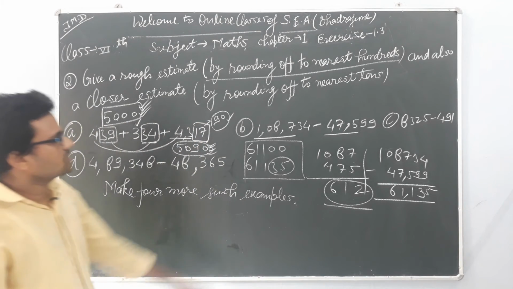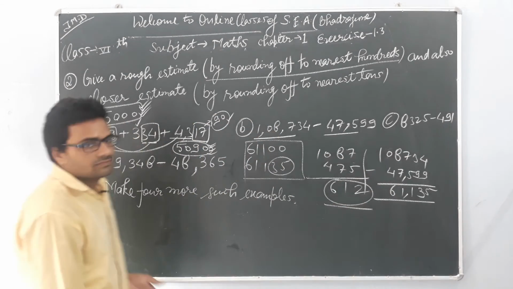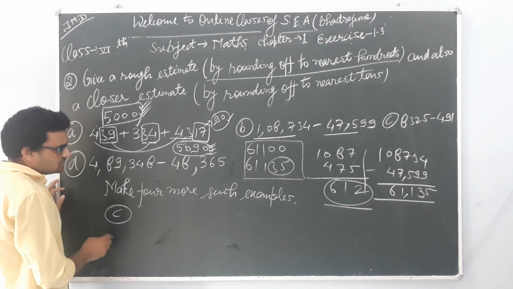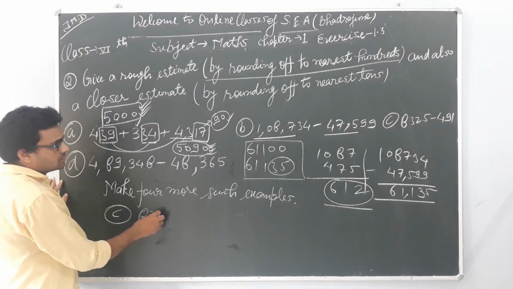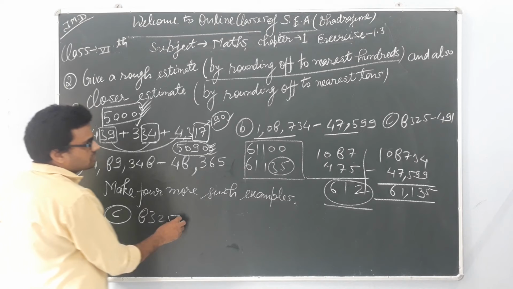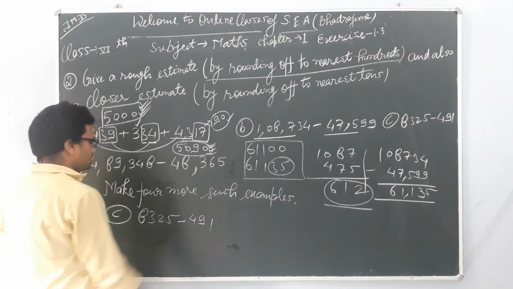Now next one is part C: 8,325 minus 491.